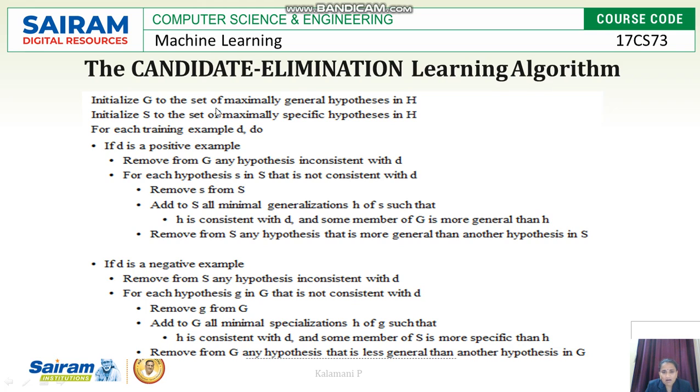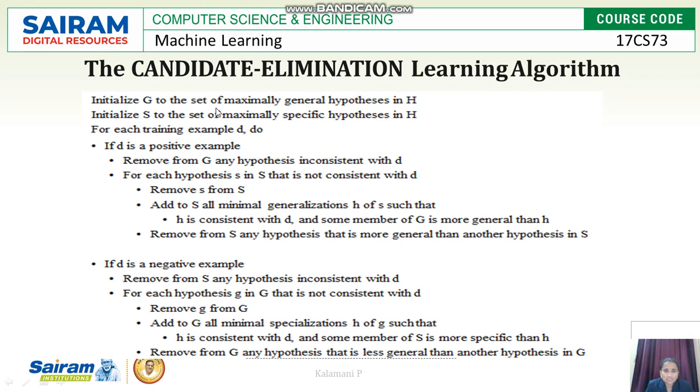Add to S all minimal generalizations h of s such that h is consistent with d and some member of G is more general than h. Remove from S any hypothesis that is more general than another hypothesis in S. This is for a positive training example.